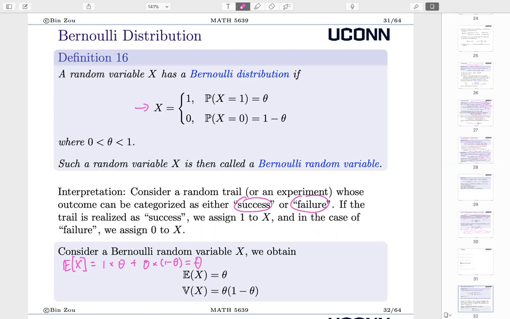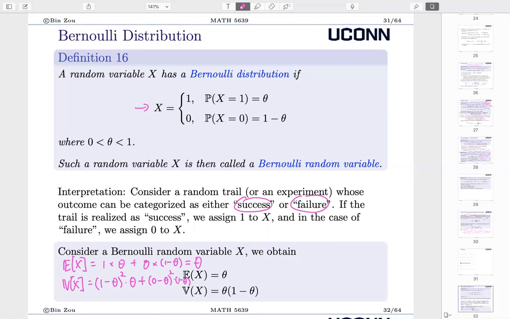So obviously the expectation is theta. Variance, I can directly apply the definition: value minus the mean squared times the probability, plus value minus the mean squared times the probability.